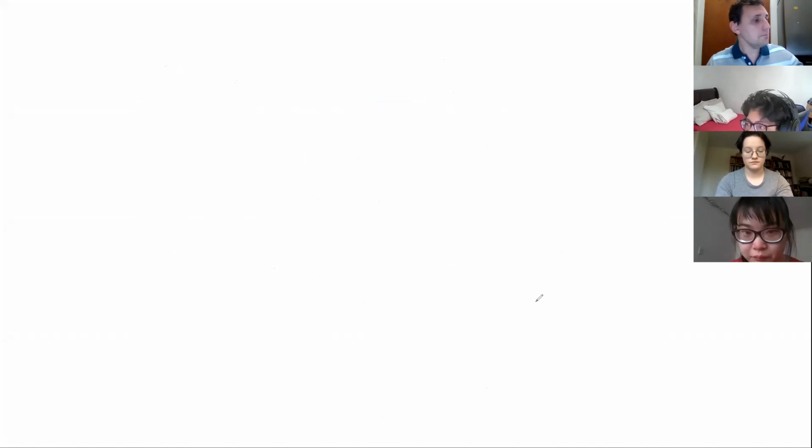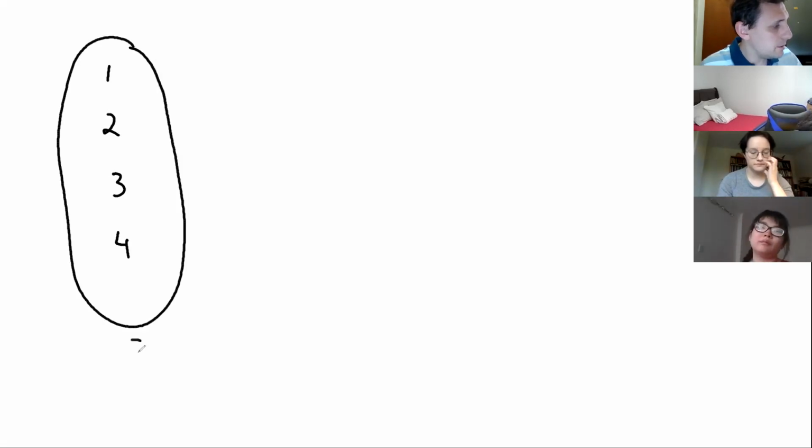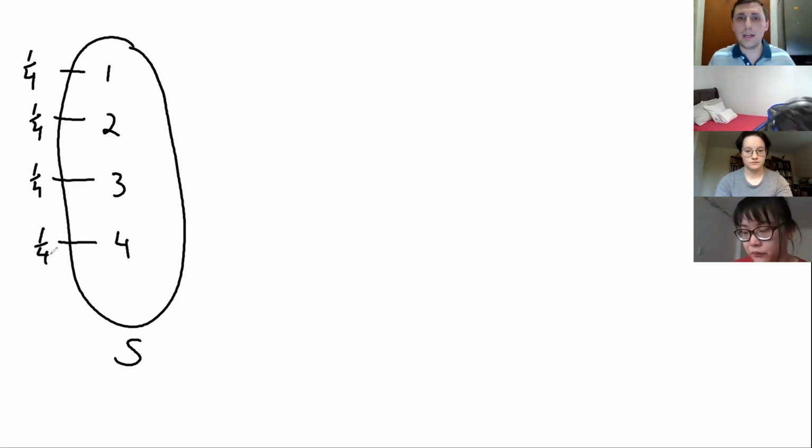Again, let's just use 1, 2, 3, 4. That's my sample space S, and I'm assuming they have equal probabilities. So when I apply some random variable X, that means that a bunch of them are designated by the same value.